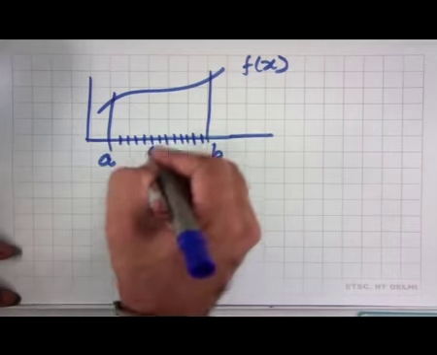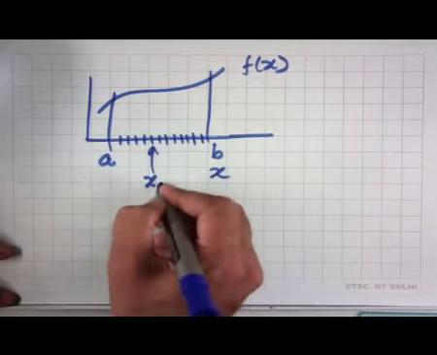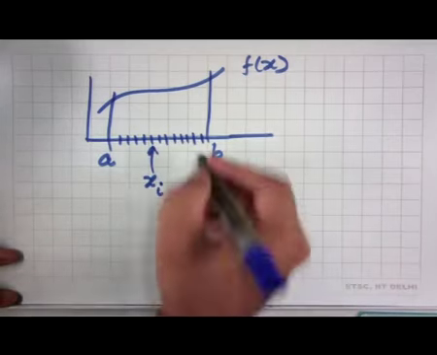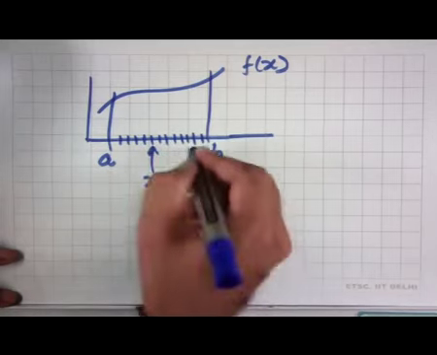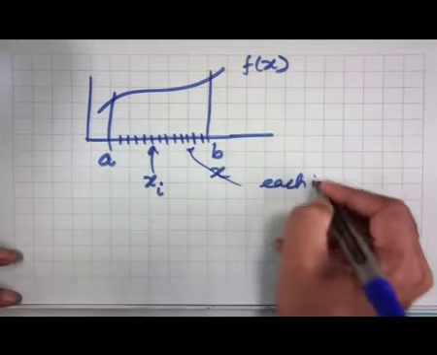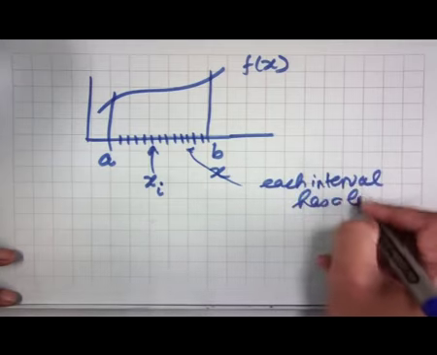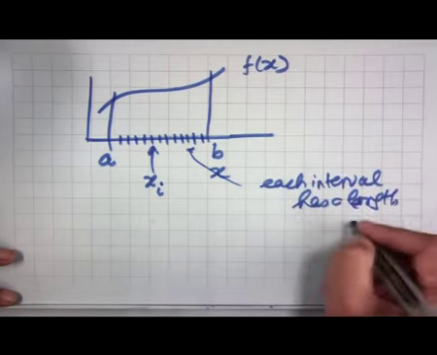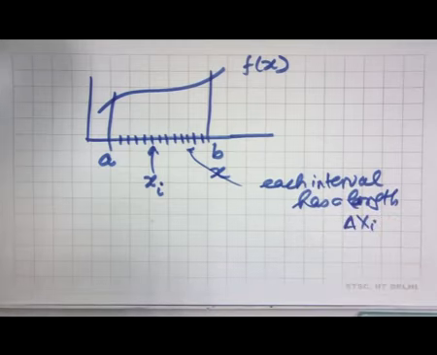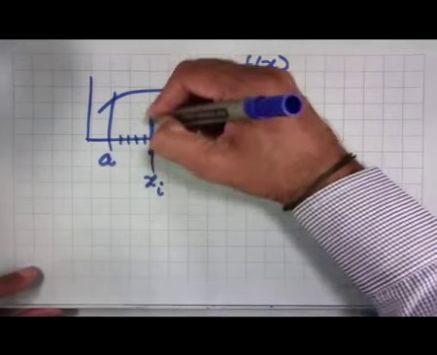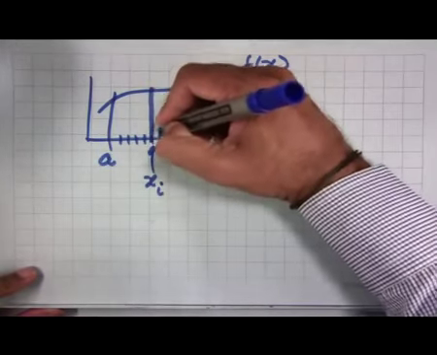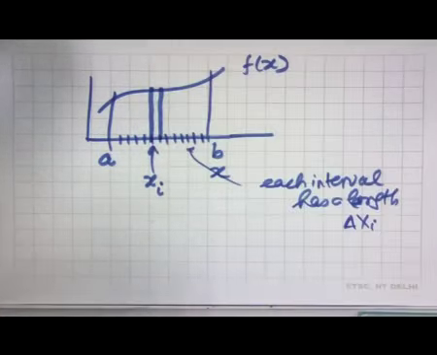Let us say an intermediate position is given by xi, and each of these intervals has a length delta xi.